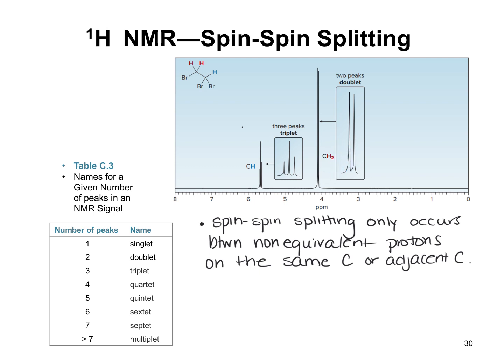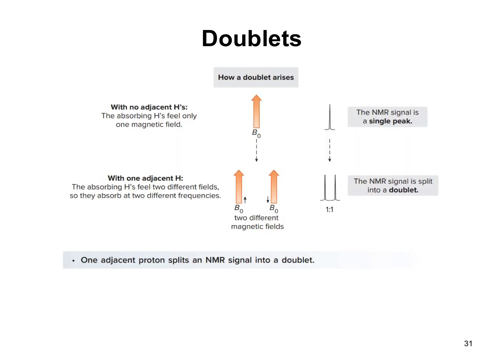When we talk about this being a doublet and this being a triplet, what's happening here is, and let's go to the next slide because I think that will help us, that when this molecule is placed in an applied magnetic field, the adjacent proton of the CHBr2 can be aligned with or against the magnetic field.